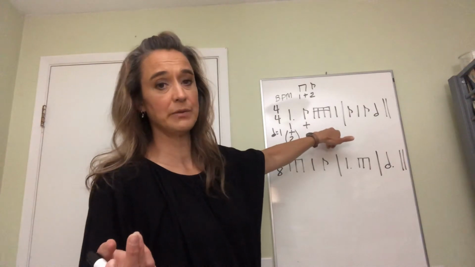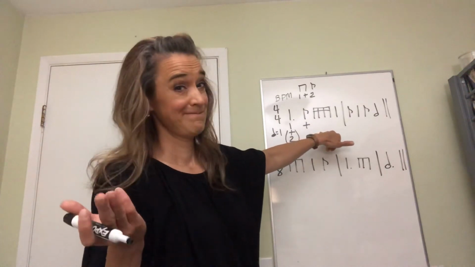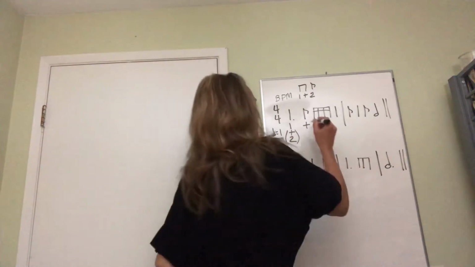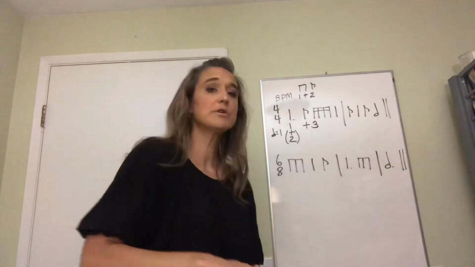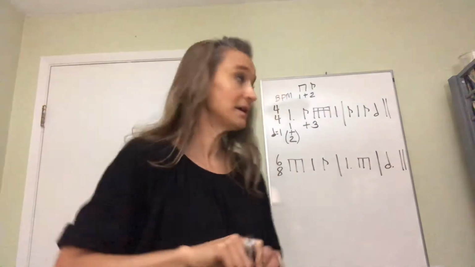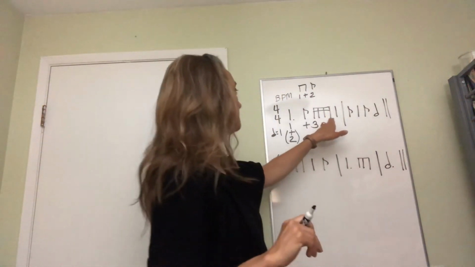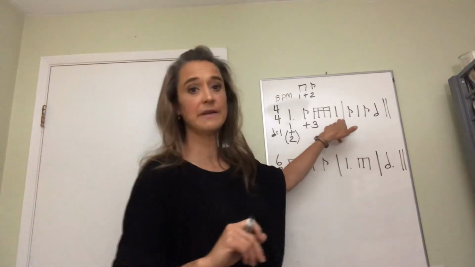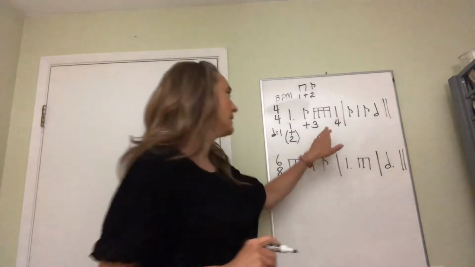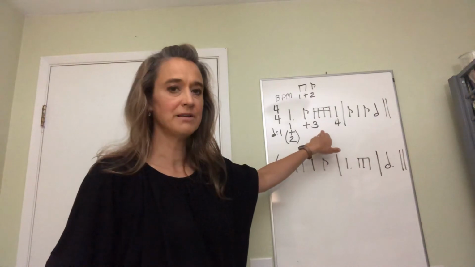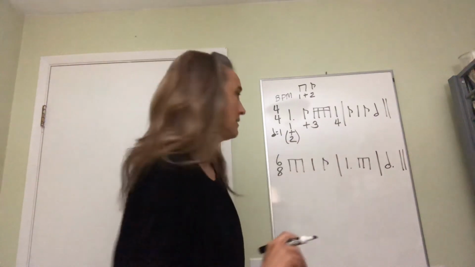What's the next number we go with? 3. Okay, we have 1, we have 2, now 3. If we have 4 sounds over 1 beat, we can't put a 4 anywhere here. We have our ta at the end, so that's going to be our 4. So do you remember what we call all of those 16th notes?